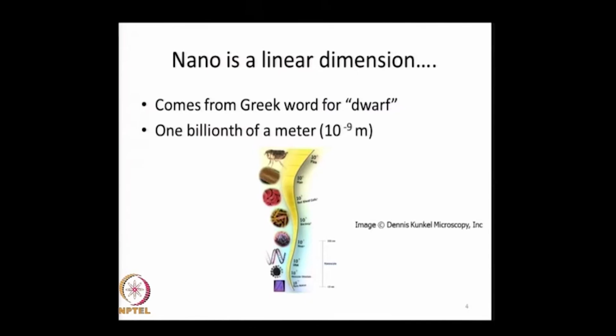So, if you look at this nanoscale, the last three, that is starting from roughly 10 to the power minus 7 to 10 to the power minus 10 is what we would refer to as the nanoscale.